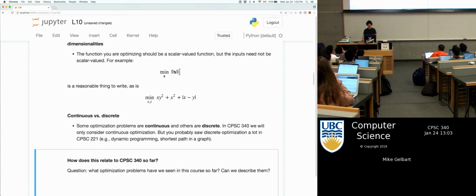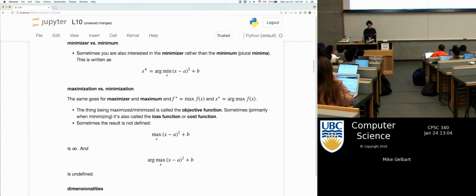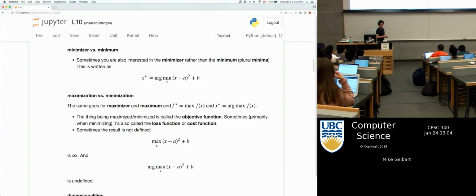Yeah, okay, thanks. Good. So this arg thing, if you haven't seen before, is saying that block of stuff there will return the minimizer. So we could write x star equals arg min of the function.